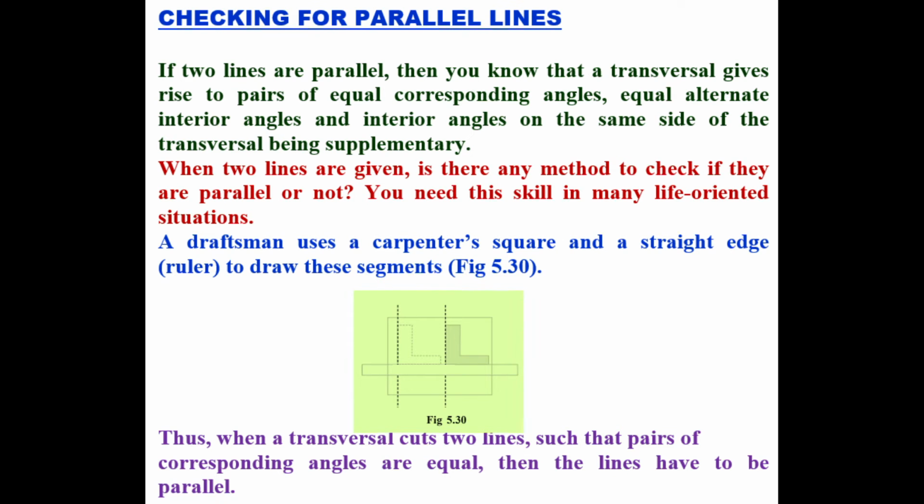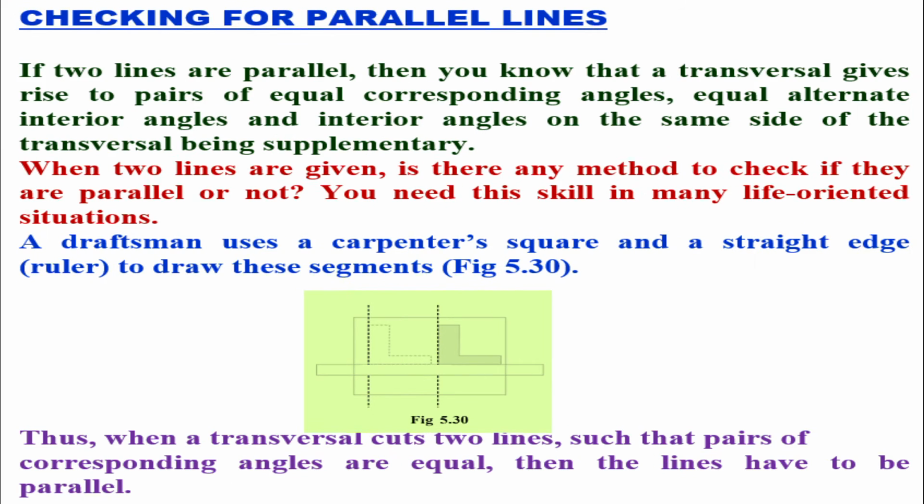You need this skill in many life-oriented situations. A draftsman uses a carpenter's square and a straight edge ruler to draw these segments. You see the figure 5.30. You might have seen the carpenter's square.